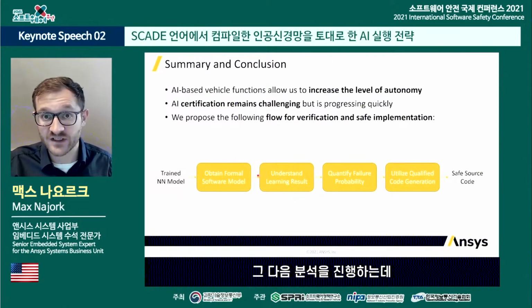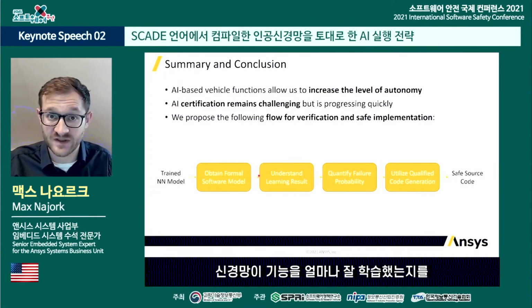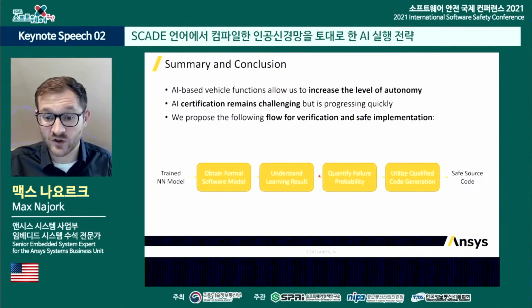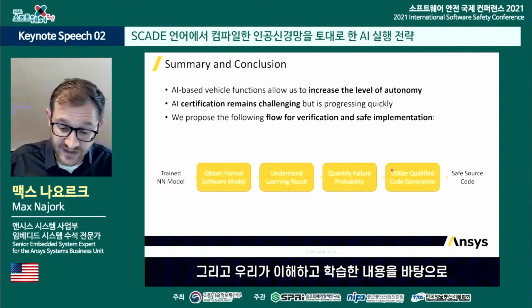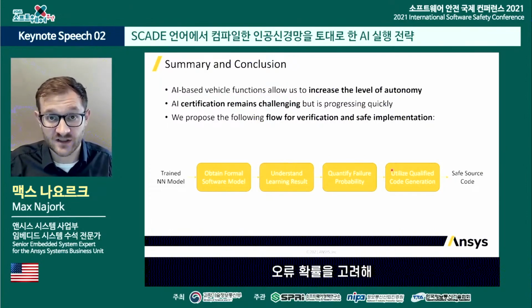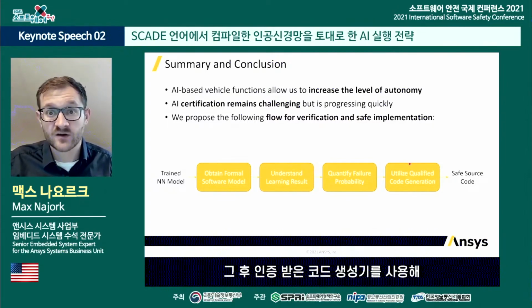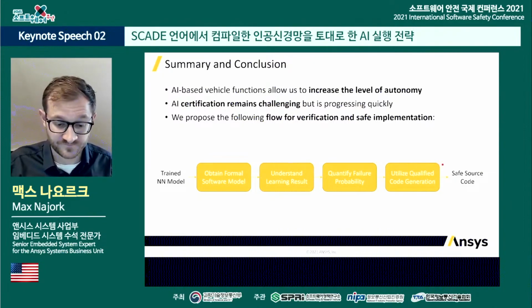We then proceeded with results analytics, in our case the sensitivity analysis, to get a better understanding of how the neural network has learned its function, and then continued with closed loop validation of the function using reliability analysis. Once we have shown that we can understand what has been learned, and from the closed loop simulation that it is safe to operate, given the failure rate we have computed, we can then utilize the qualified code generation to generate safe source code for our model.